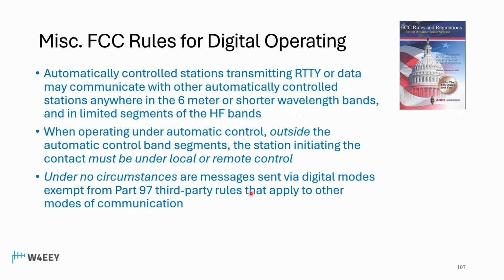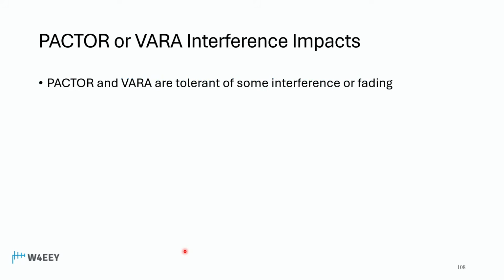That's a message generated by a non-ham that he wants to go to somebody else, someplace else. So under no circumstance are messages sent via digital modes exempt from Part 97 third-party rules that apply to other modes of communication. And then there's a document here that explains all of that, giving you the link to.